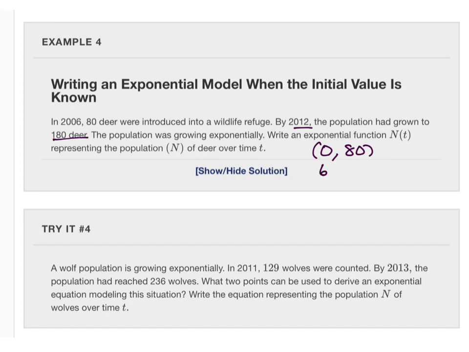By 6 years later, there are 180 deer. So we know it's growth. We don't know what B is. What's the rate increase for B? How do you know that? What is it? He said he divided 180 by 80.